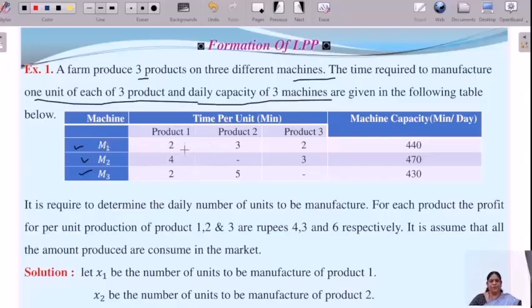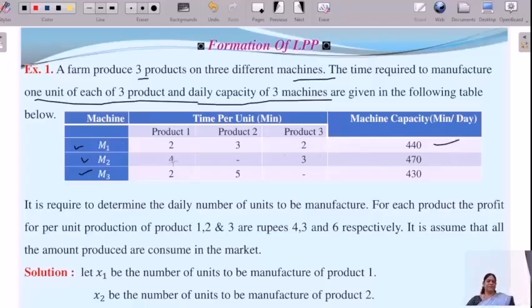Machine M1: to prepare product 1, time per unit is 2 minutes. For product 2 it requires 3 minutes, and for product 3 it requires 2 minutes, and machine M1 has a daily capacity of only 440 minutes.